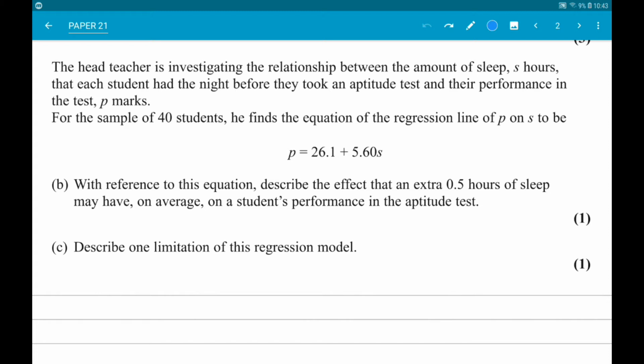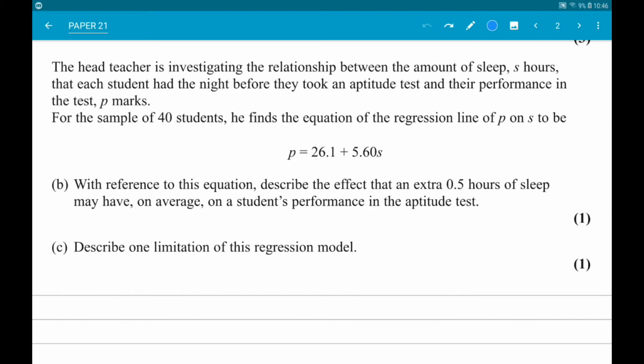For the 40 students, he finds the regression line for P on S to be P is 26.1 and 5.6 S. B. With reference to the equation, describe what effect an extra 0.5 hours sleep may have, on average, on a student's performance in the test.